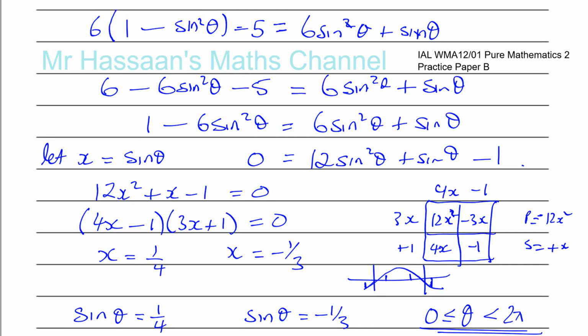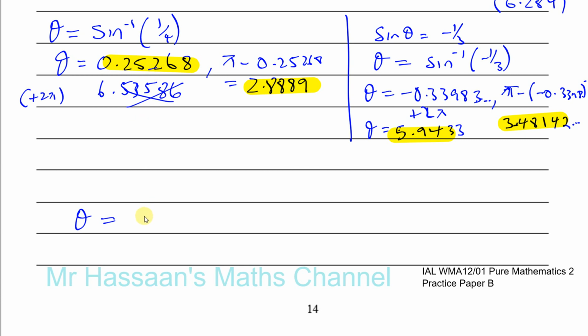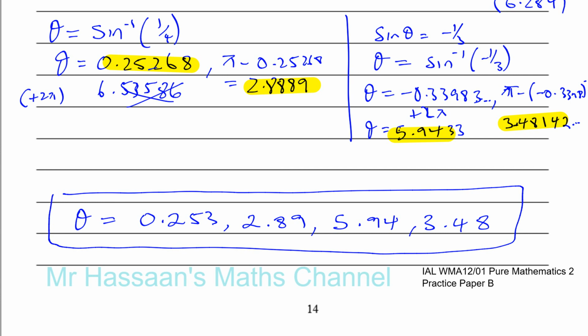So 3SF means 0.253 for this first angle, 2.89 for this one, 5.94 for this, and 3.48 for this. So those are all the angles that we need in our range in radian form for this question. I hope that was clear. That's how to deal with the sine.